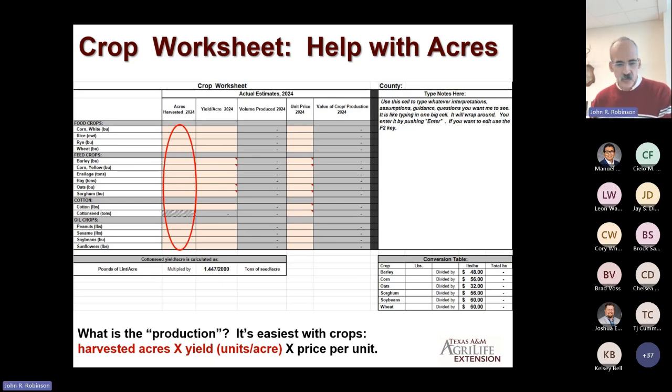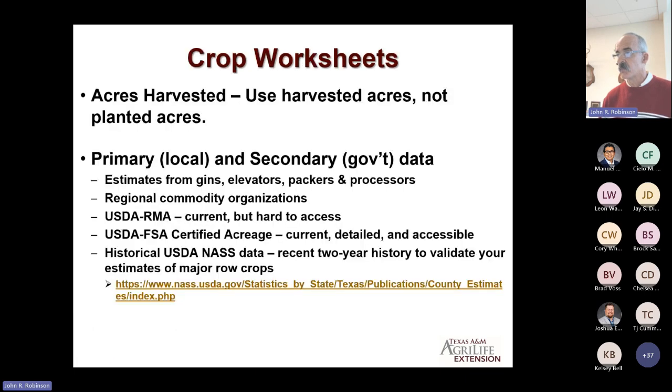So let me talk about acres, and I'm going to speak more generally about where you can get help getting data on crop acres in your specific county. There's a number of different places. Depending on the crop, if there's a processing center like a cotton gin, a grain elevator, a cattle sale barn, or a slaughterhouse, there are experts that work in those businesses that generally keep up pretty well with the acres of the crops or the heads of livestock supplying those processing centers.